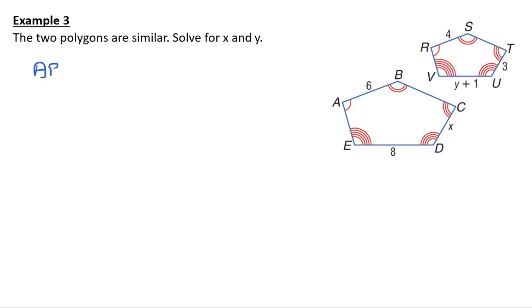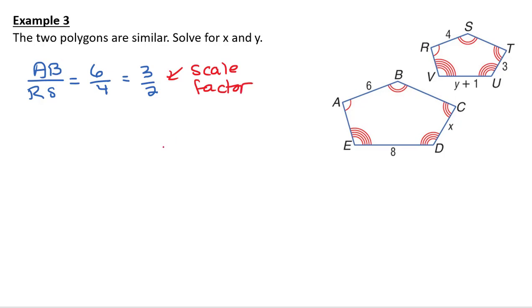So AB over RS is equal to 6 over 4, which reduces to 3 over 2. So that's my scale factor. That's what I'm eventually going to be setting my proportions equal to.